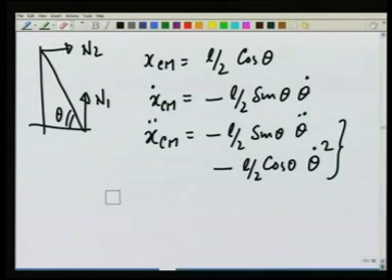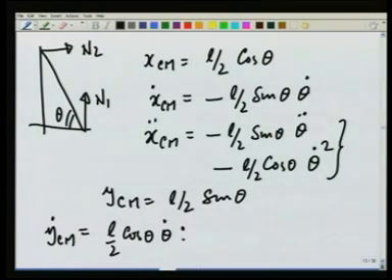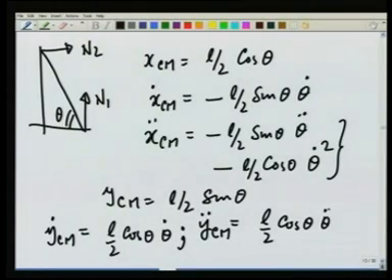Similarly, let us derive y cm double dot. Y cm is equal to L over 2 sine theta, and therefore y cm dot is equal to L over 2 cosine of theta theta dot, and y cm double dot is equal to L over 2 cosine of theta theta double dot minus L over 2 sine theta theta dot square.